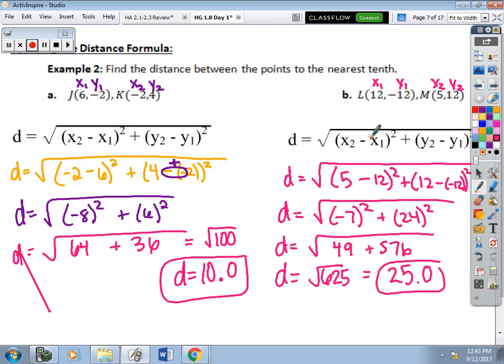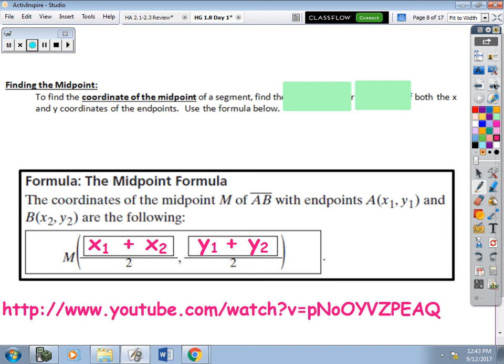Okay, the last thing we'll look at is the midpoint formula, which I think is actually easier, if that's possible. So before when we did the midpoint, which actually a lot of you made a mistake on your quiz, let's say this was on a number line, and A was at 2 on the number line, and B was at 10 on the number line.